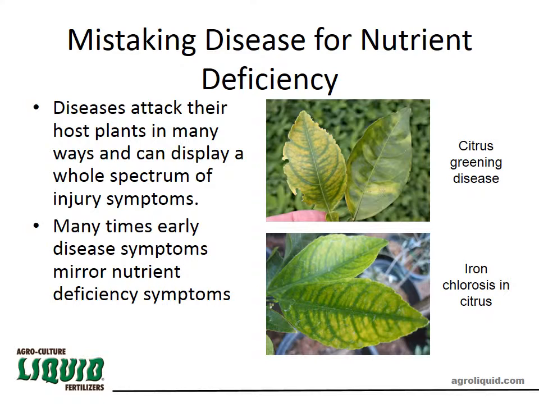A lot of times, if you're not 100% sure what you're looking at, you might treat this orchard for something that isn't going to cure the bedrock of the problem. So again, doing a little research and making sure that what we're seeing out in the field is indeed what we're experiencing in the plants is very important, making sure that we make the correct diagnosis.